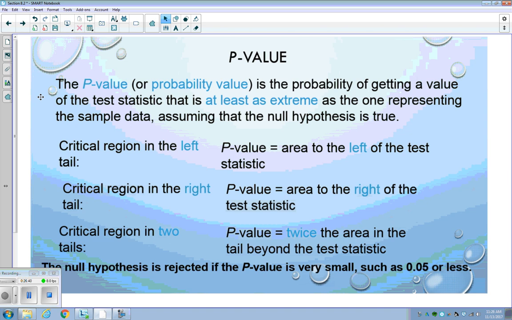If the critical region is in the left tail, which means less than, the p-value is equal to the area to the left of the test statistic. Critical region in the right would be the area, again, to the right. The p-value is nothing more than area. And for the critical region in two tails, the p-value is twice the area in the tail, because there are two tails.